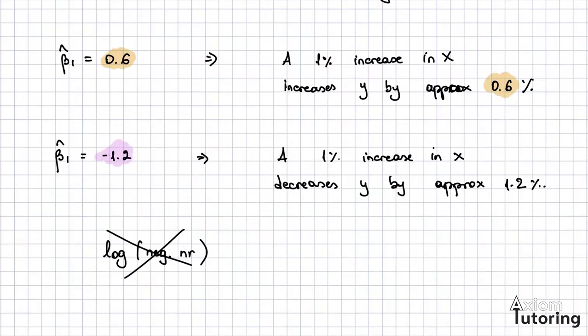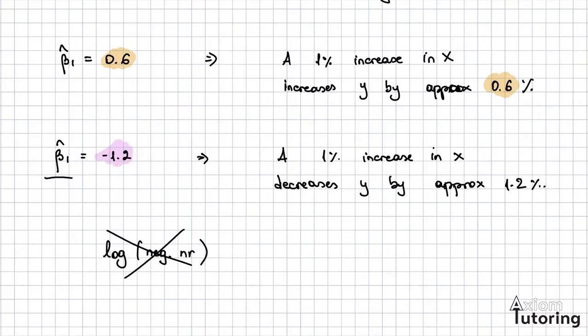From here, a lot of students think that, because everything in the logs is the log of a positive number, beta 1 cannot be negative. And that's not true. Just because the numbers are positive does not mean that the relationship you're looking into is not negative. And keep in mind, beta 1 hat is the interpretation of that relationship. So even in a log-log model, your beta 1 can also be negative. So negative elasticity is completely allowed.